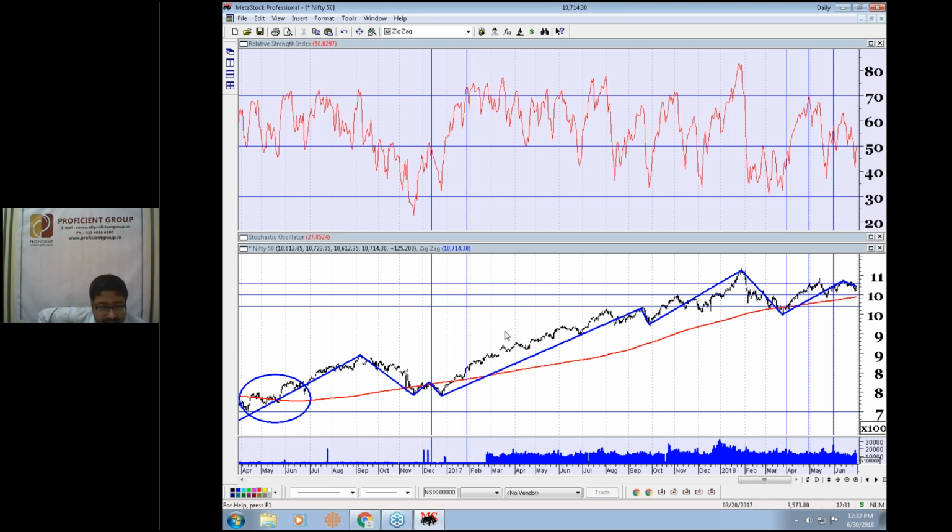So the market was in a shock, and it was coming down. It was showing significant sell-off, and this sell-off continued from September till December of 2016.